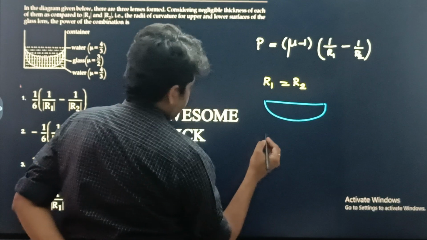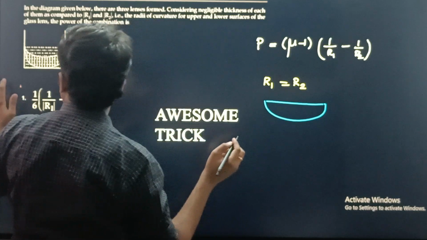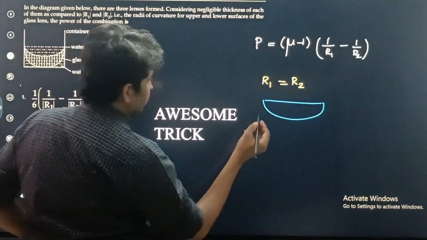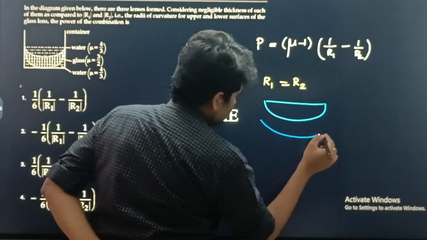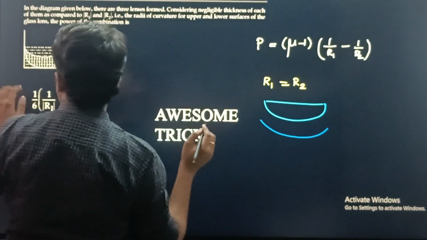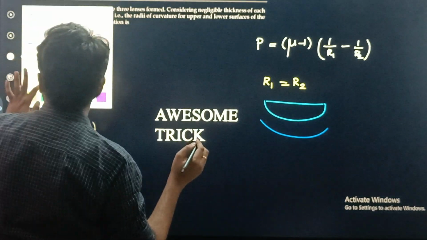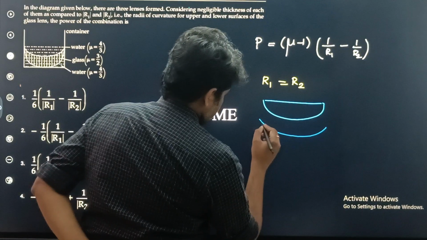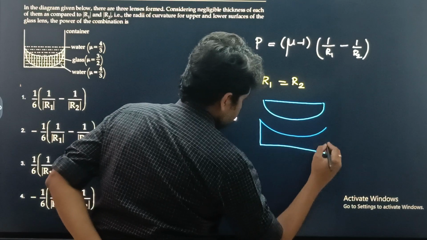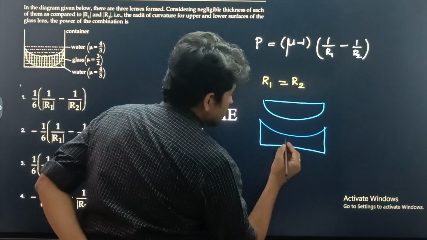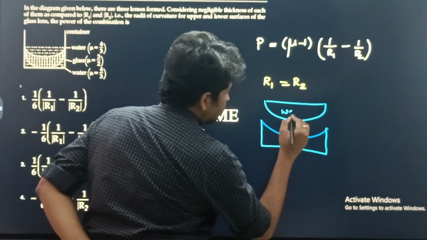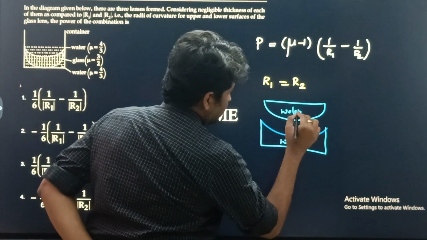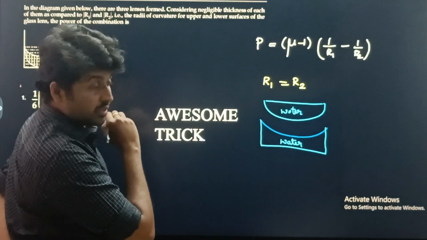Next we have this lens, and next again we have water. So this is water, this is water, and this is the lens which is in between.